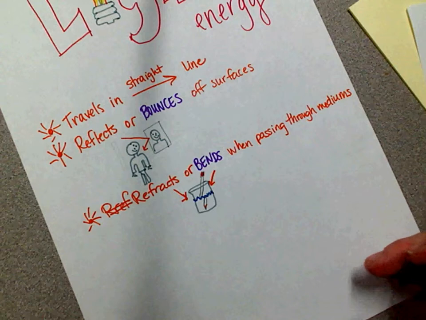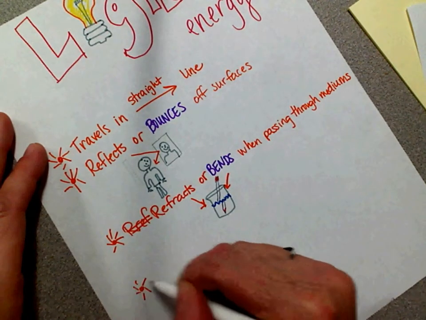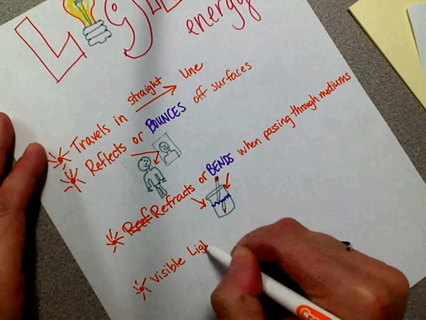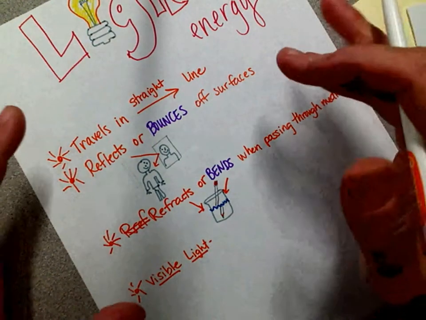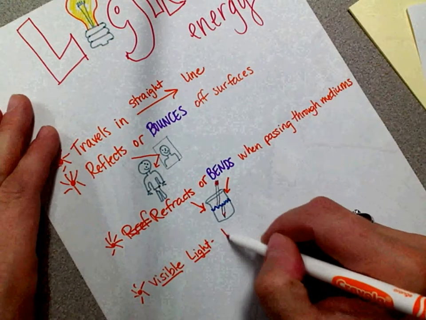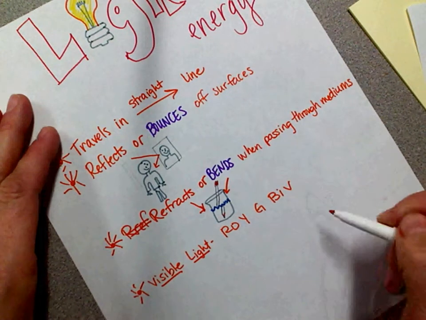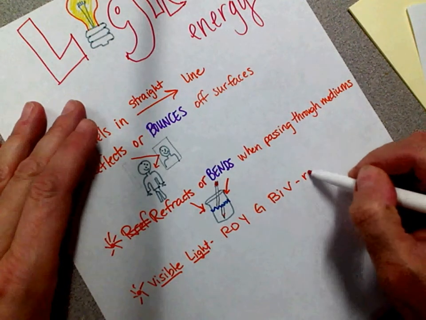So then we have visible light. And visible light is that part of the spectrum, right? Where we're going to see Roy G. Biv. Anybody remember where that one comes from? Right, this is the colors of the rainbow.